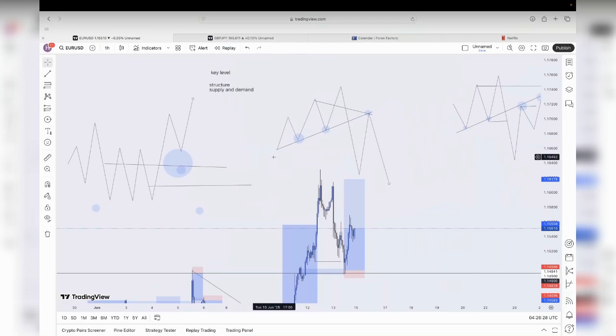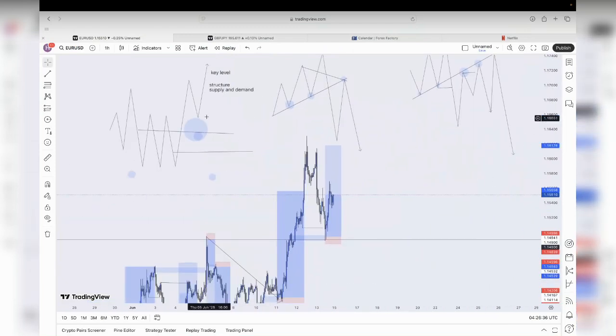So with that being said, without structure or supply and demand, your whole Malaysian SNR is just blah blah blah. Do you understand? It's just noise. So please stop complicating your trading and make it easy. Make it as simple as possible.